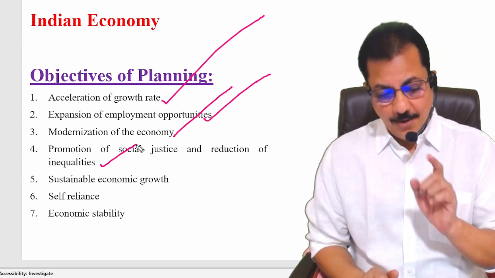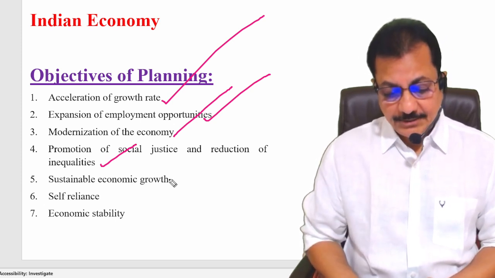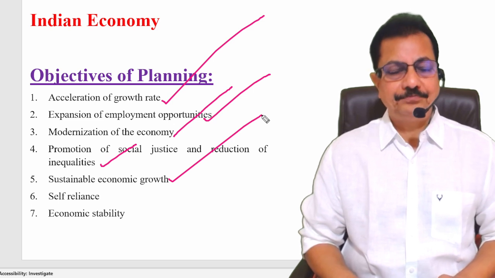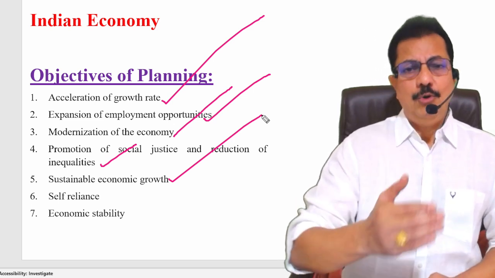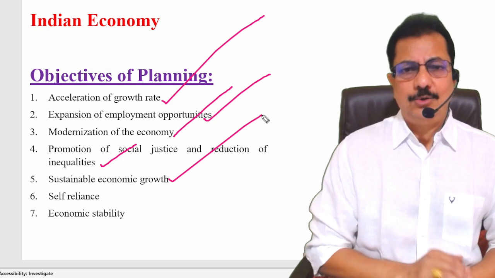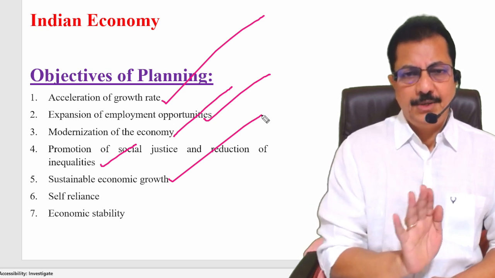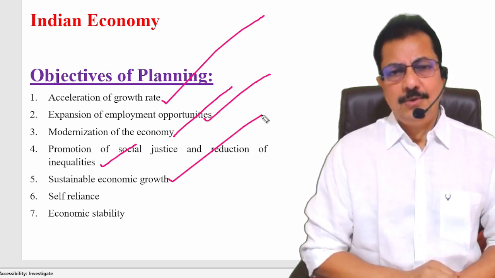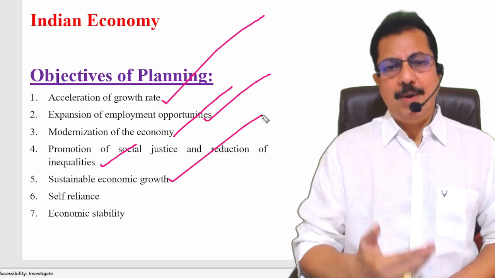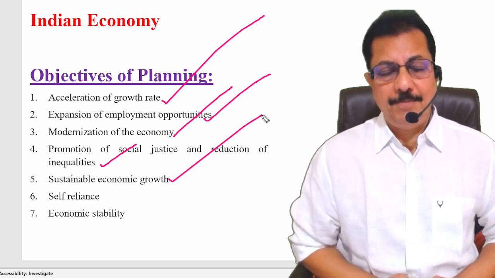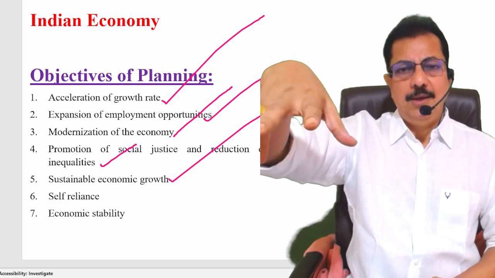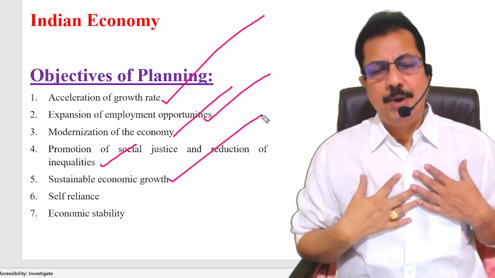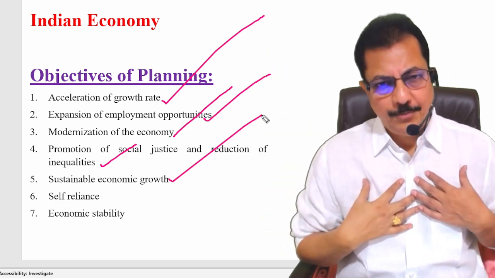Clear? Now, next is sustainable economic growth. What is sustainable economic growth? If we grow our economy for 1 year or 2 years, that is not sufficient. If you look at countries like India, our population is increasing very rapidly. So the economic system we have should support the growing population.